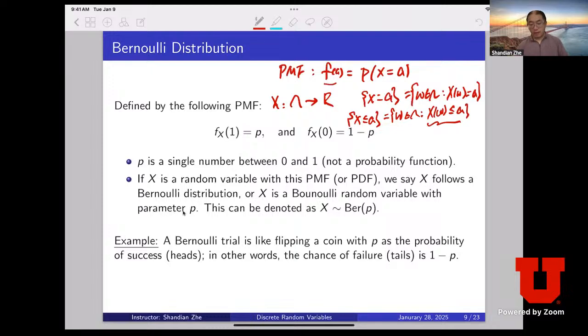That is the definition. Then we define the probability of this type of event as the cumulative distribution function. Usually we use a capital F to represent the cumulative distribution function.